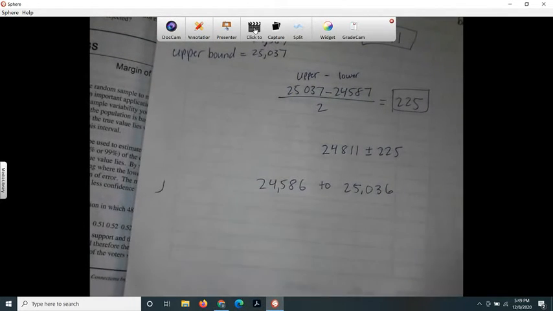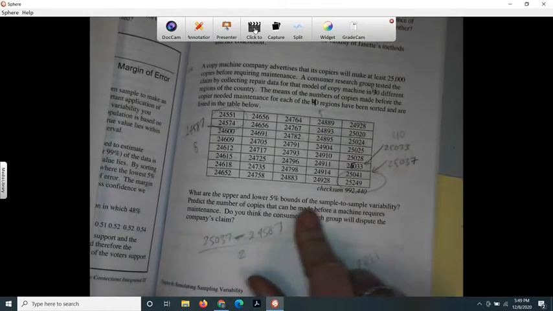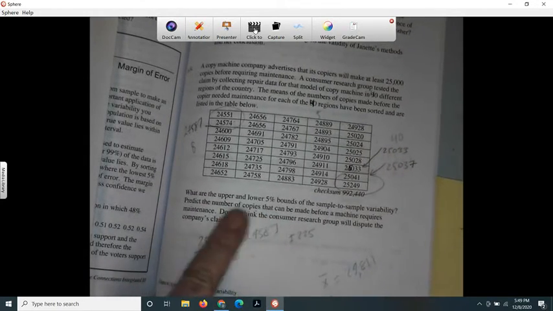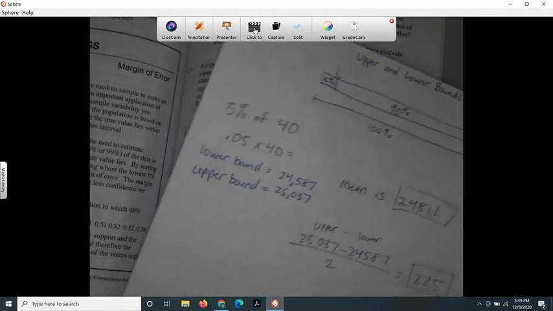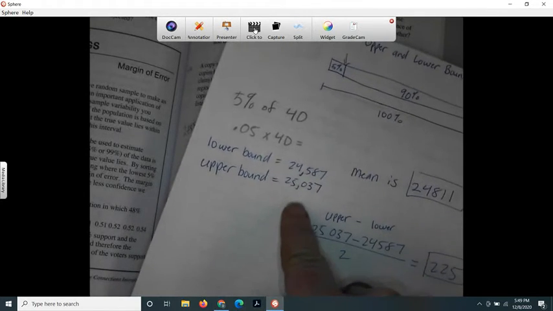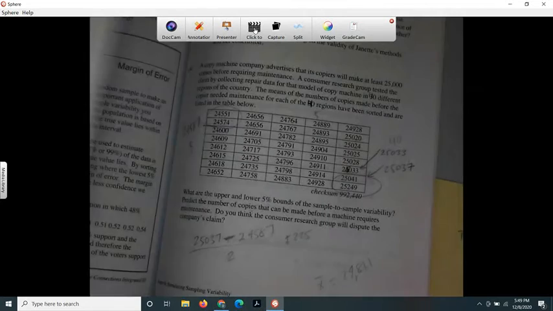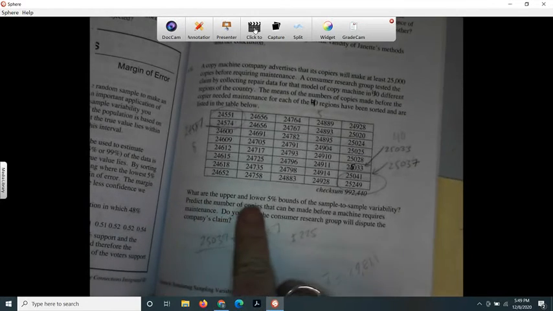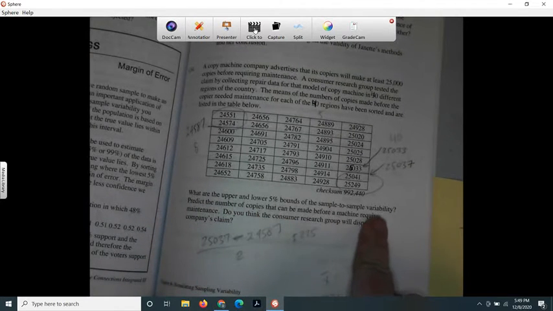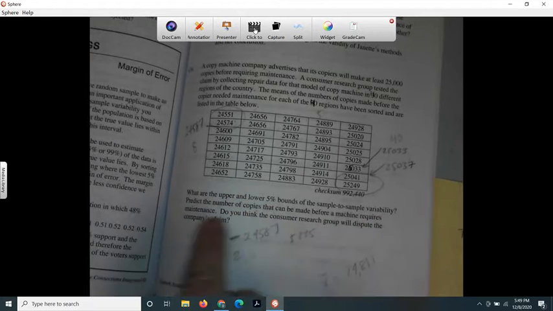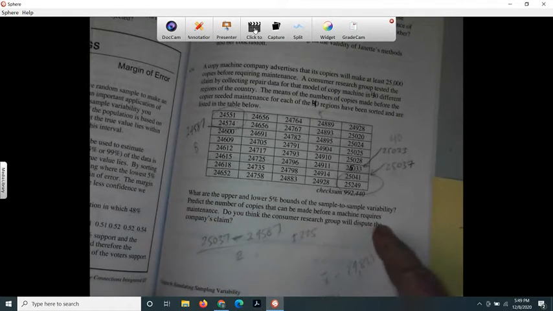And if you don't remember what the question was, it was what are the upper and lower 5% bounds. So that was these two numbers that we just found out. Okay, and we just went over how to find those. And then it says predict the number of copies that can be made before a machine requires maintenance.